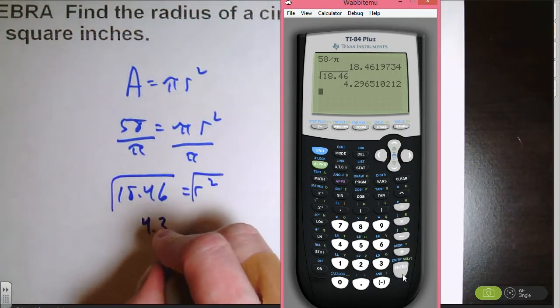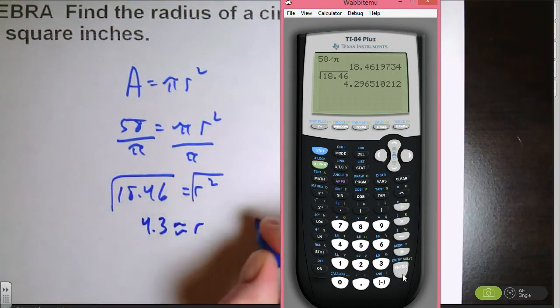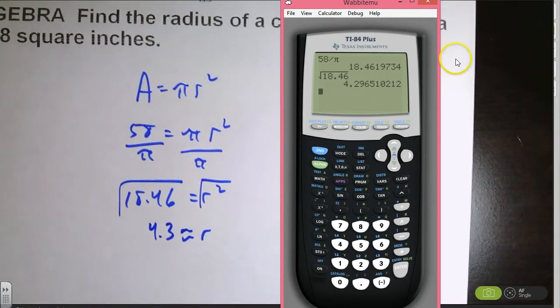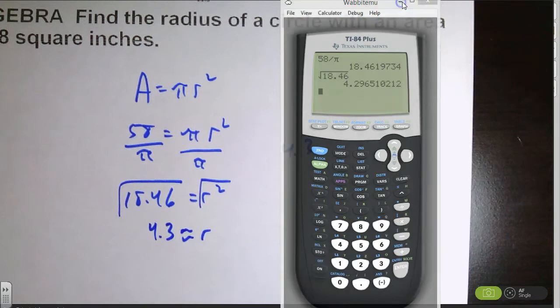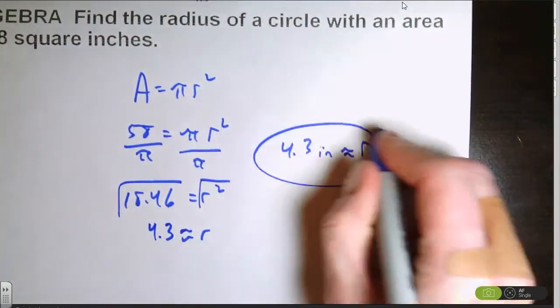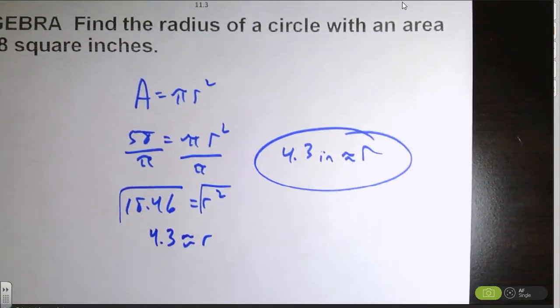So 4.3 inches is approximately the radius. Okay.